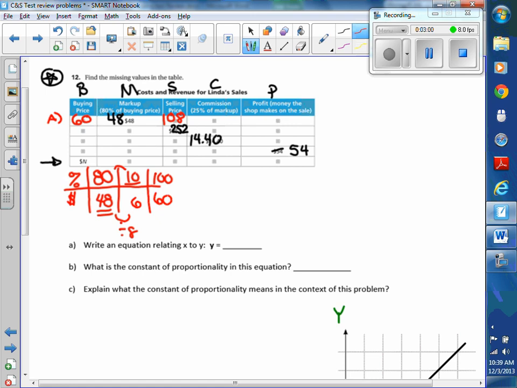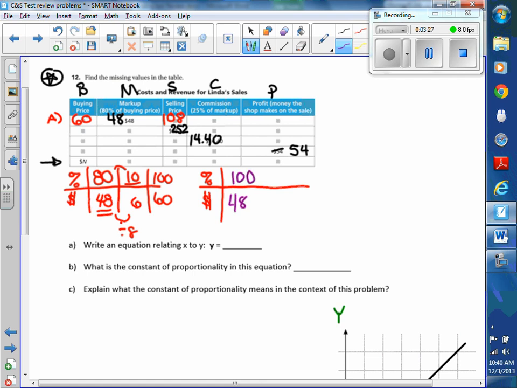So this next part, the commission, it says the commission is 25% of the markup. So now we're going to do a new problem for commission, and I know $48 represents the entire markup.